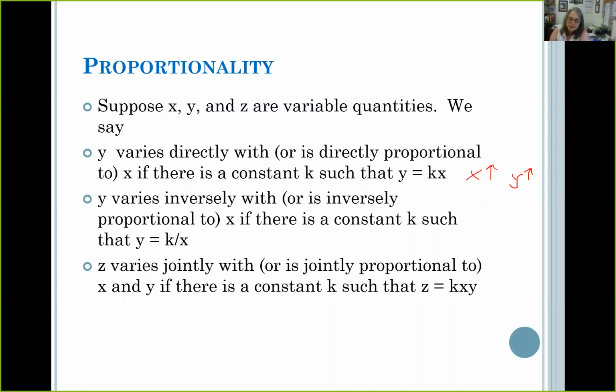There's another kind of proportionality we're going to talk about, which is that y varies inversely with, or we can sometimes say is inversely proportional to, x. And that occurs if there's some constant such that y equals k divided by x. So the way to think about this is that if x gets bigger, y gets smaller.